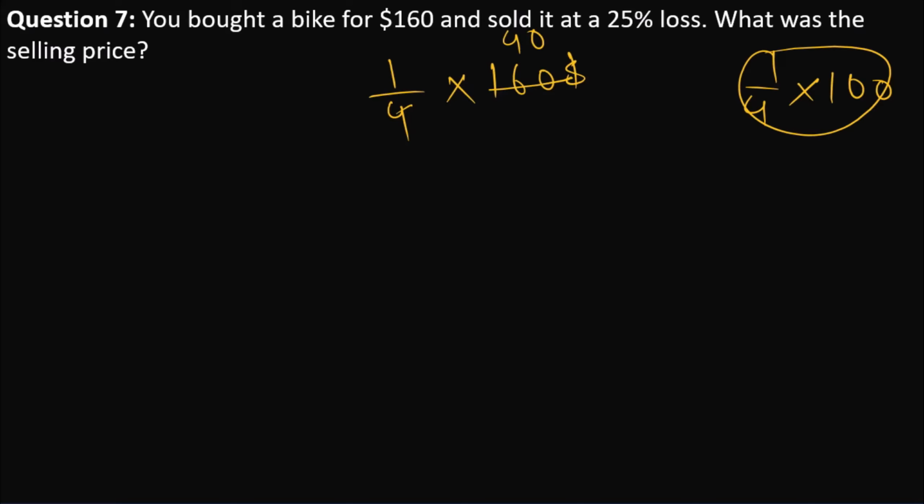So 4 goes into 16 four times and 0. So 40. So after the 25% loss, the selling price will be $120.